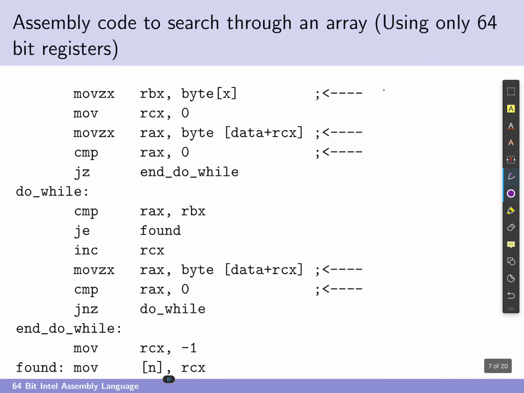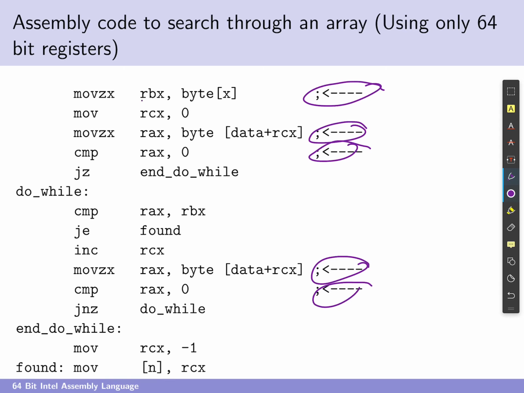Okay, so I've indicated with these arrows all of the locations where I change the instruction. And you'll see here that instead of storing X into BL, I know I only want to work with 1 byte, but I want the convenience of always working with 64 bits. So I'm going to load X into RBX. But now, because X is only 1 byte in size, remember all of those characters are just a singular byte, I'm going to have to specify that I only want a byte, and I use 0 extend.